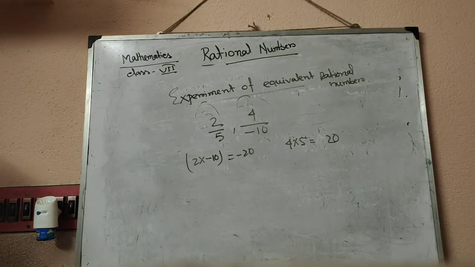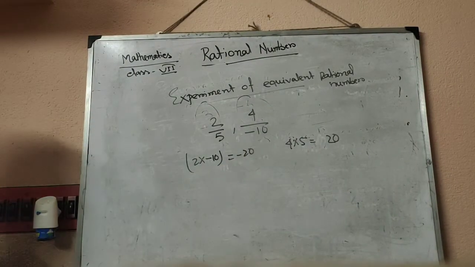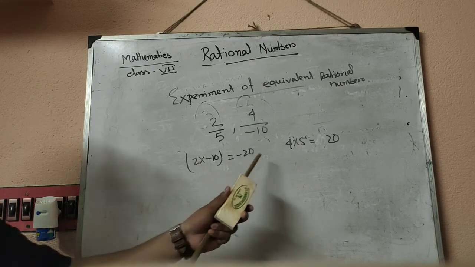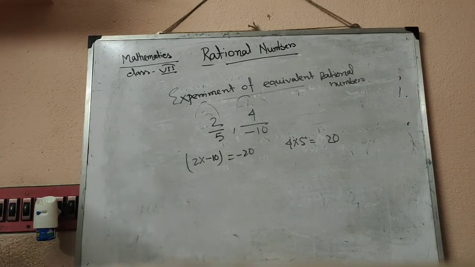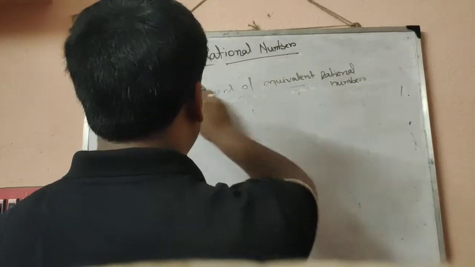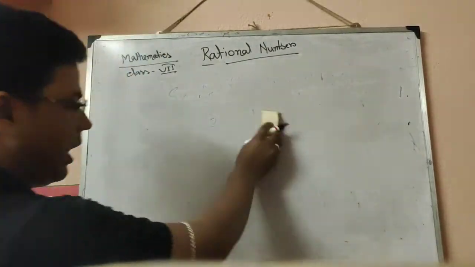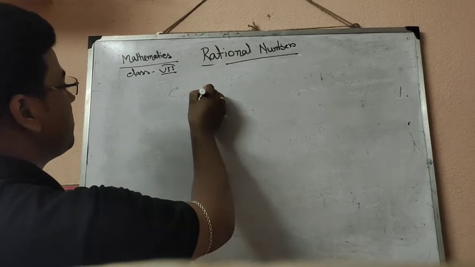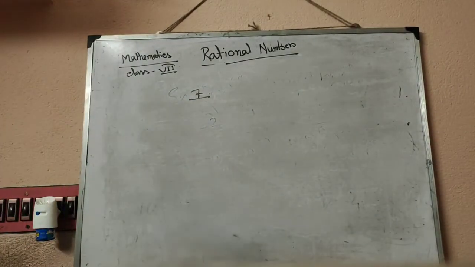So minus 20 and 20. The digits are the same, but the signs are not the same. So they are not equivalent rational numbers with each other. Clear?